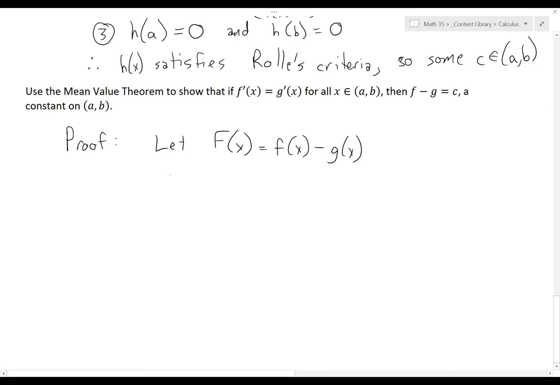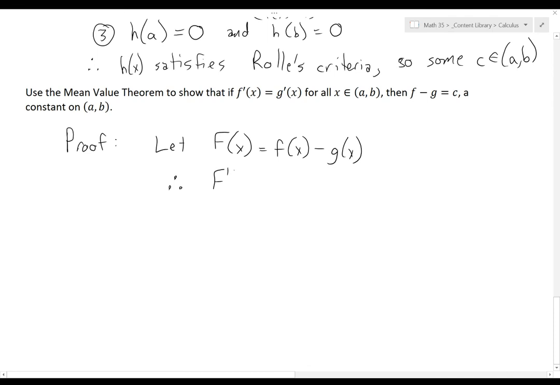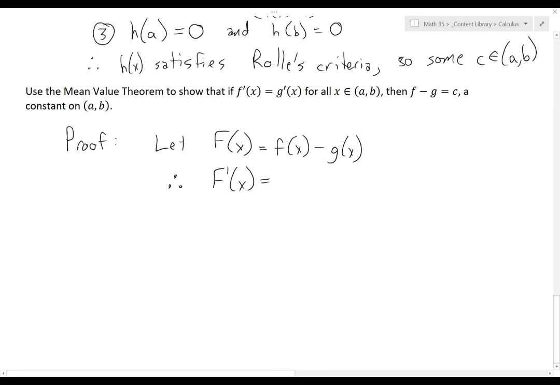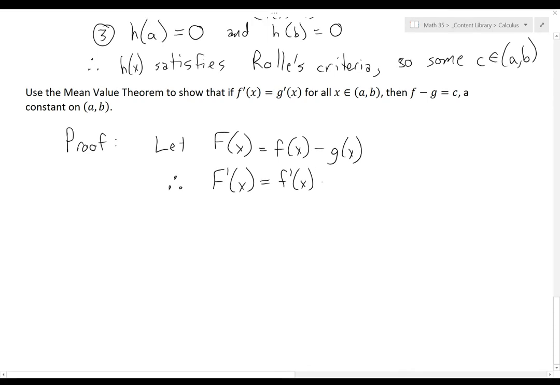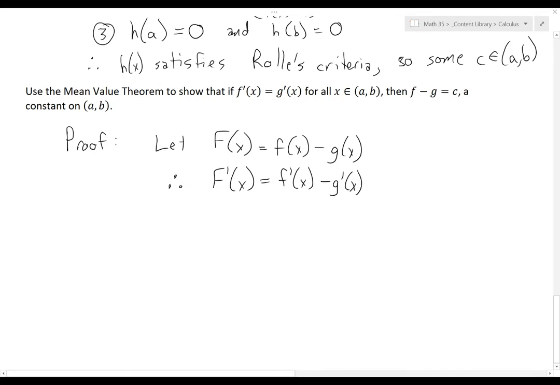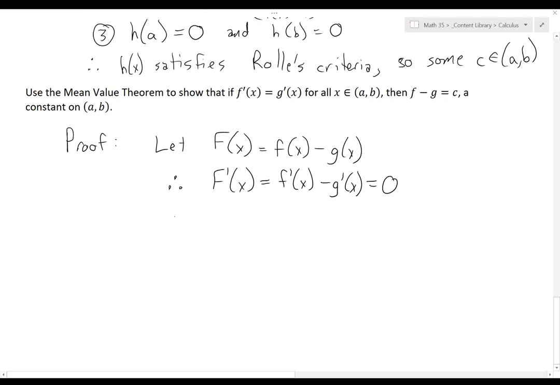Then the derivative of capital F has to equal the derivative of small f minus the derivative of g of x, which has to be 0, because we're saying that the derivative of f of x and the derivative of g of x are always equal in this interval. So that has to be 0. So let's consider that capital F prime of x equals 0 for all x in that interval.